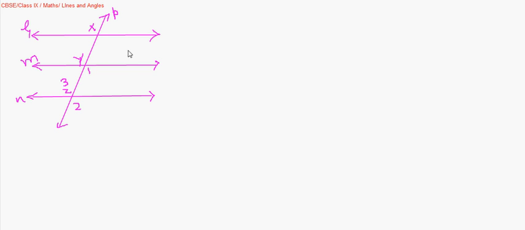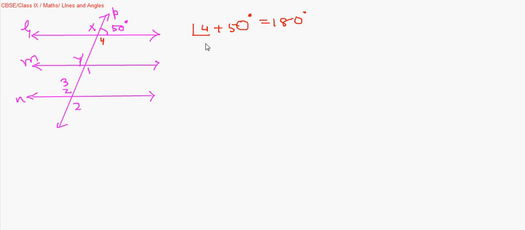It is given in the figure that this angle is 50 degrees. For our usage, I'll name maybe this as angle 4. Now, angle 4 plus 50 degrees will make 180 degrees.